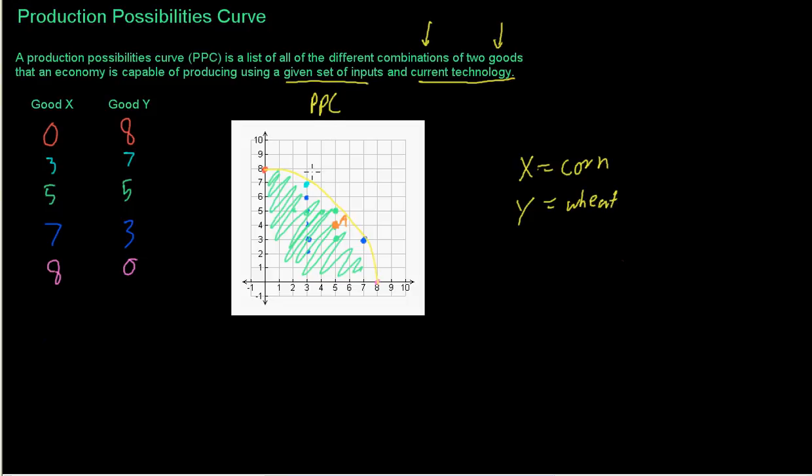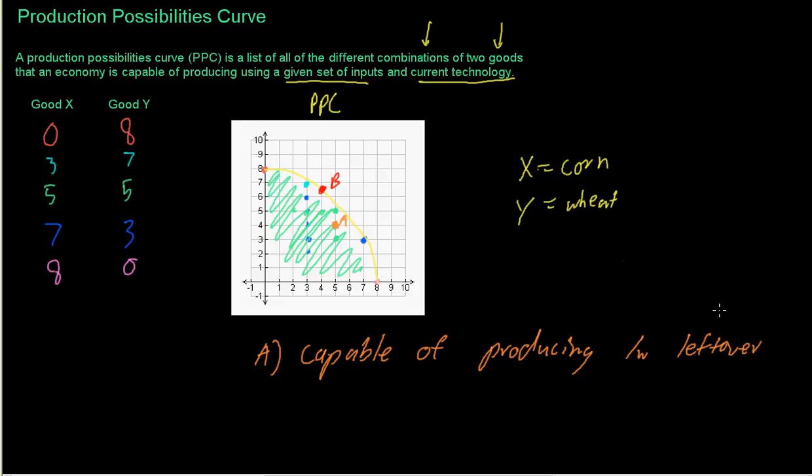So the next thing that I want to say is, if you have a point that is on your production possibilities curve, like this red one right here, point B, let me just go ahead and write this out. So A is capable of producing, and you'll have leftover, or extra, inputs.